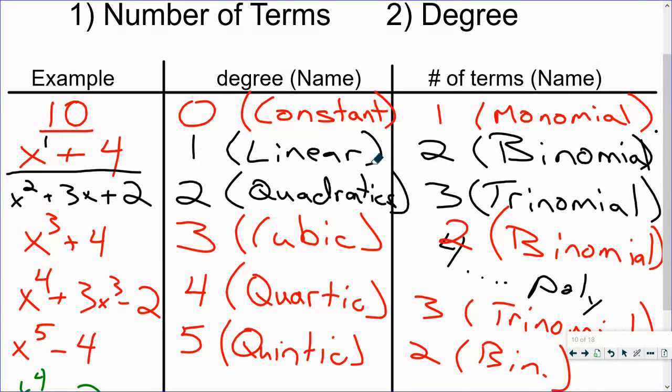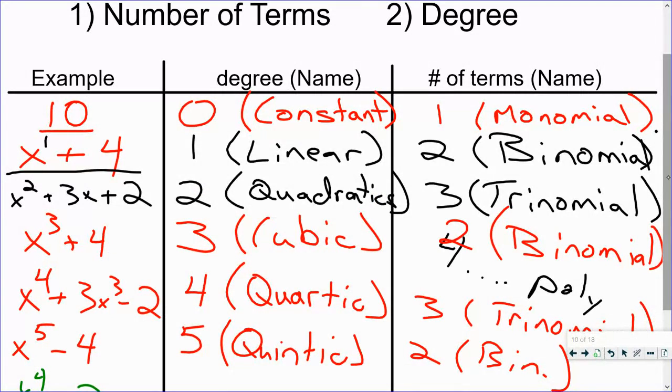That makes it linear. And there are two terms separated by one add sign. That makes it a binomial, like a bicycle. This next one, 1, 2, 3 terms, trinomial. It's in standard form. This is degree 2. This is a quadratic.